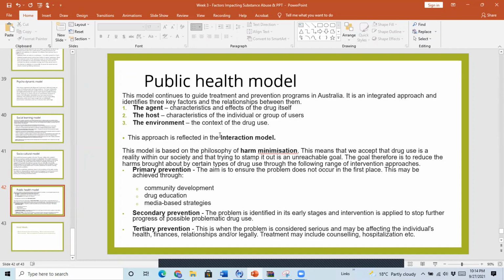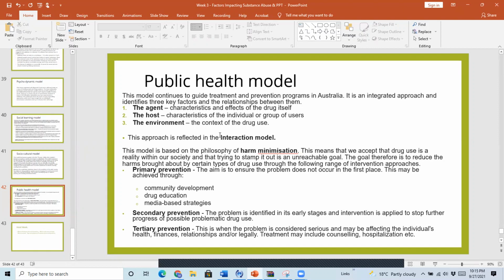The second one is, let's identify at what point can we pinpoint early stages of addiction to prevent it from continuing on, right? And tertiary prevention, right, is when we consider the problem to be serious, it's affecting the person's health, finances, relationships, and even legally.